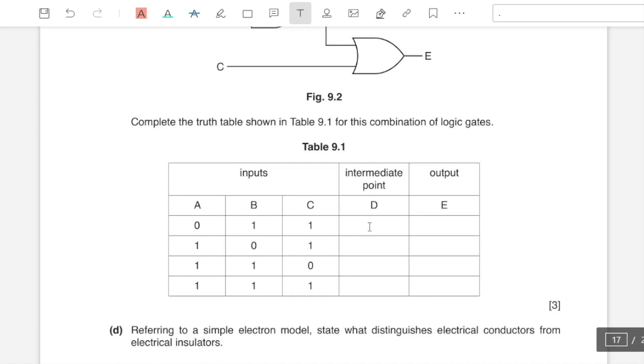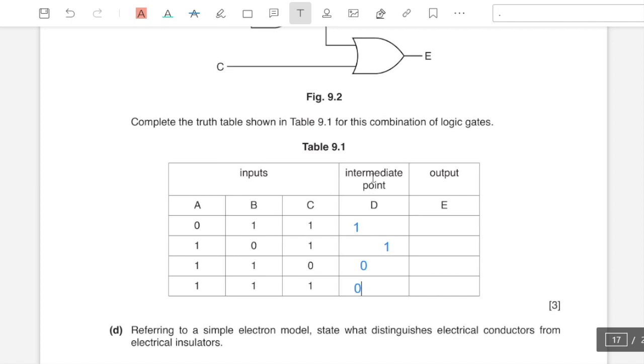So here this is going to be 1. 1, 0 would again have the answer as 1. 1, 1 is the only situation when an AND gate has the answer as 1. And since this is a NAND gate, the answer is going to be opposite, 0 and 0.